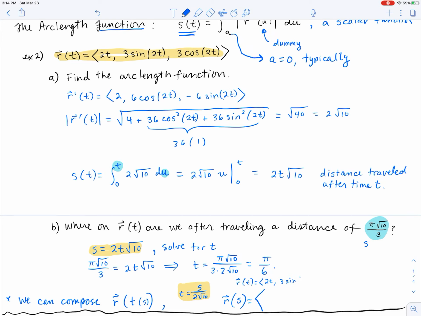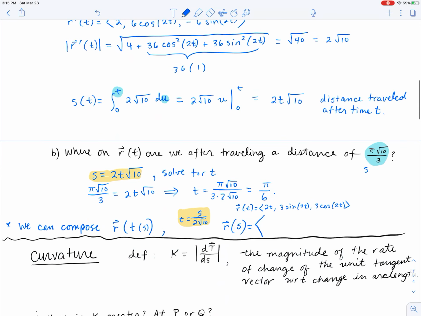Let's see, 3 sine 2t, and then 3 cosine 2t. Okay, so 2 times t is 2 times this thing, and so the 2's reduce, and we just get s over root 10. For the second one, again, when we put in that t value, we're going to get 3 sine of s over root 10. And then for the third component, we've got 3 cosine s over root 10.